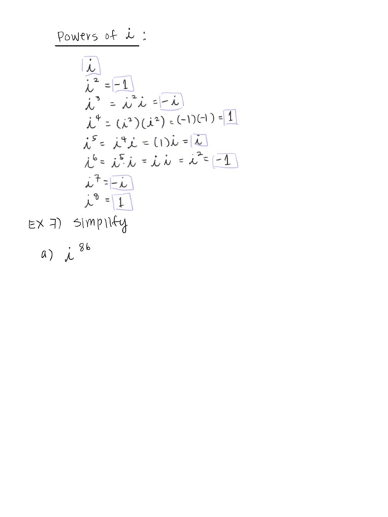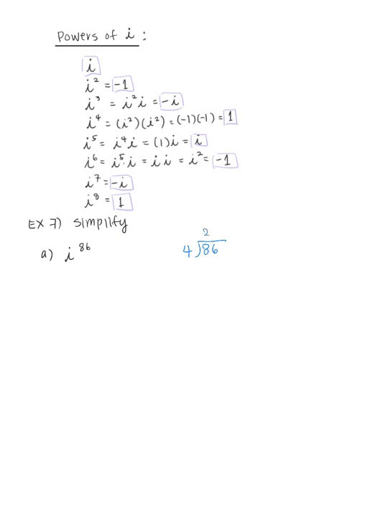Notice that i repeats in a cycle of 4. So the faster way to do it is to divide 86 by 4. Now what we want is the remainder.